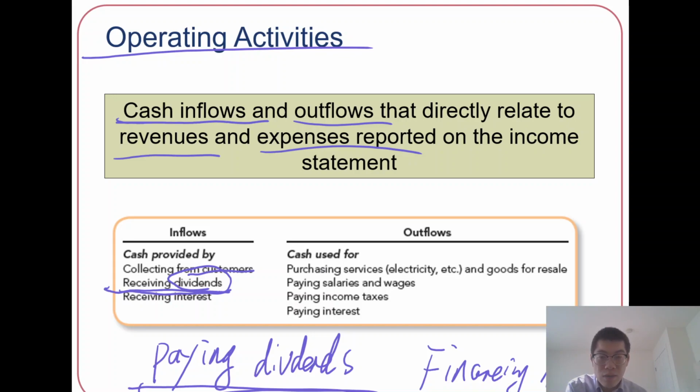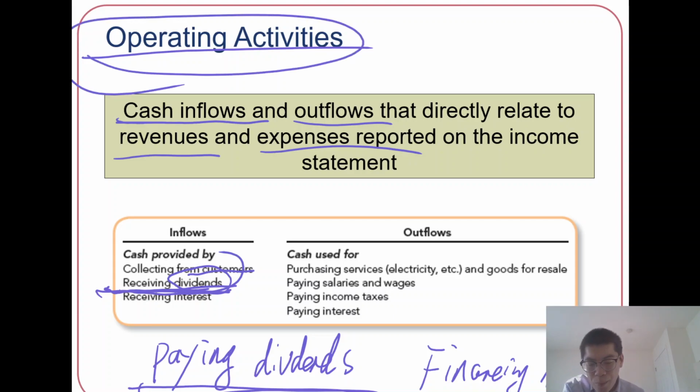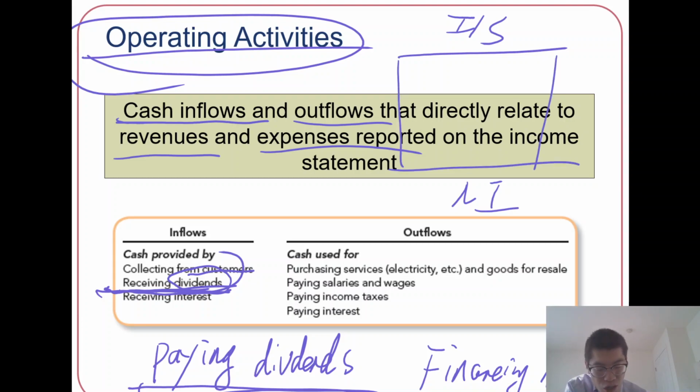That makes sense? Okay, so we are purchasing stock from other companies, and some students probably ask, then why is investing in stock of other companies in the operating activities? The reason is in the income statement. When we prepare this income statement, we have net income, and all the items here: revenue, and then income from operations, and some other income, right?